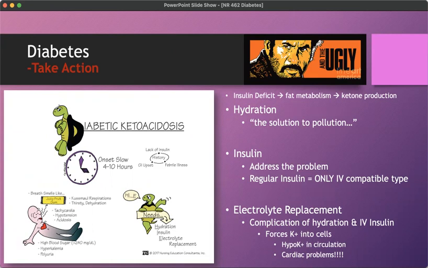And anytime you start thinking potassium dysfunction, you start thinking heart problems. So anytime the patient is in DKA and we're intervening by giving IV insulin, we always want to put them on a cardiac monitor just to keep an eye out for some of those cardiac dysrhythmias associated with hypokalemia.